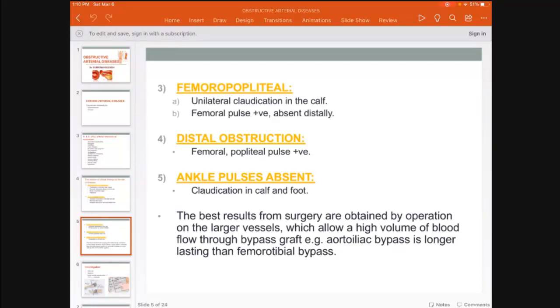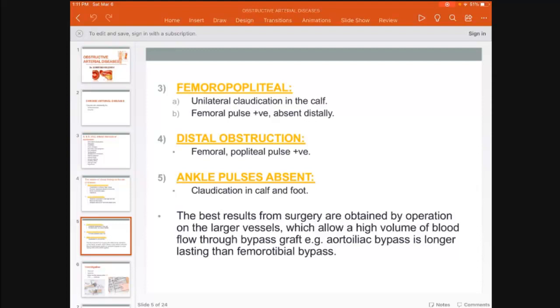In distal occlusion, the femoral and popliteal pulses will be positive, and absent in the posterior tibial artery, anterior tibial artery, and dorsalis pedis. The ankle pulse is absent, and we have claudication in the calf and the foot.